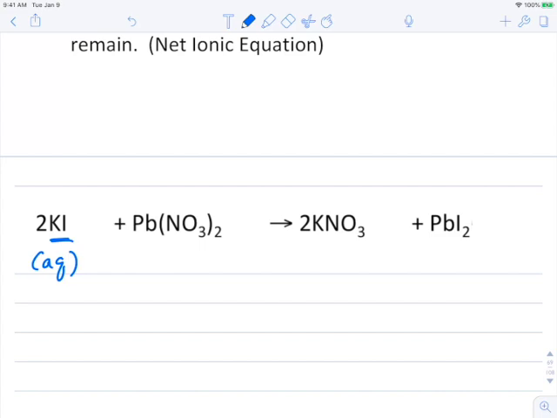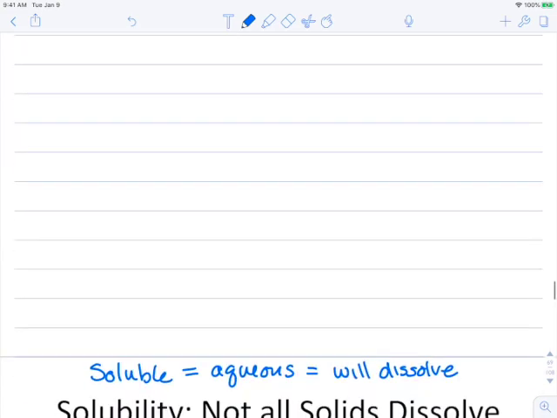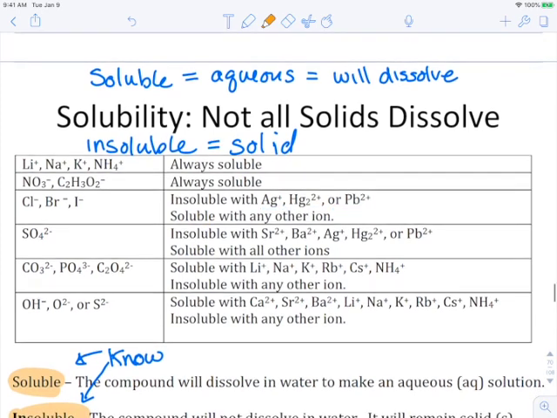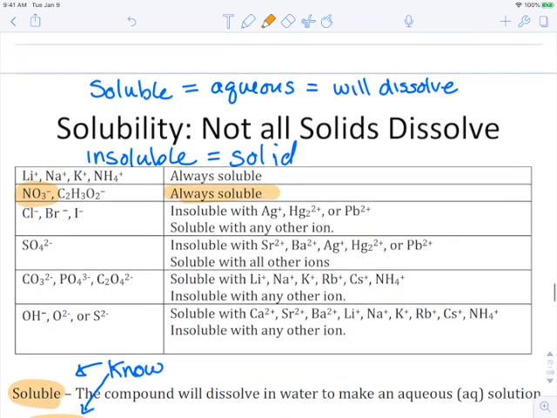Next up, we have lead nitrate. All right, so for some of these, you won't find both the cation and the anion, but you will always find at least one of them. So in this case, we have the nitrate, and it says nitrates are always soluble.